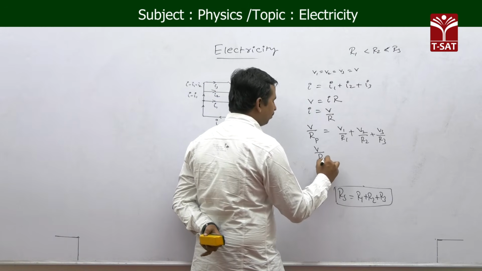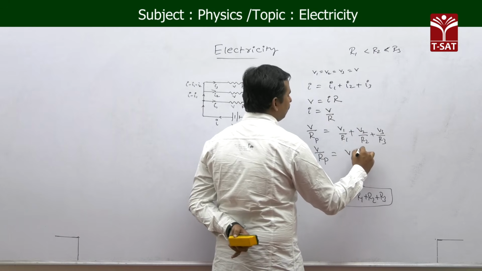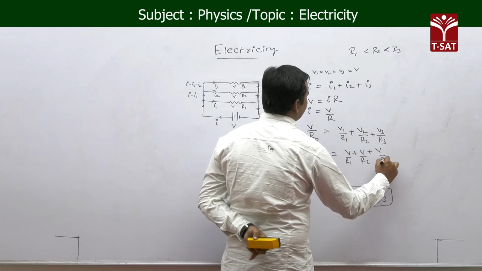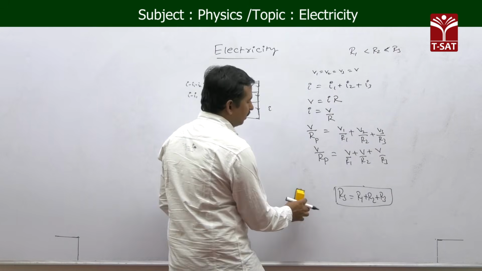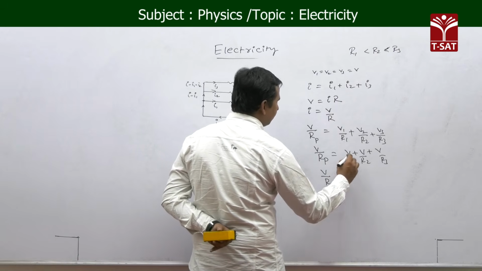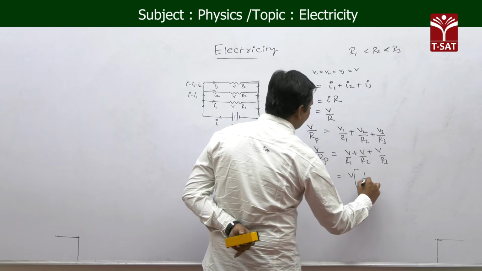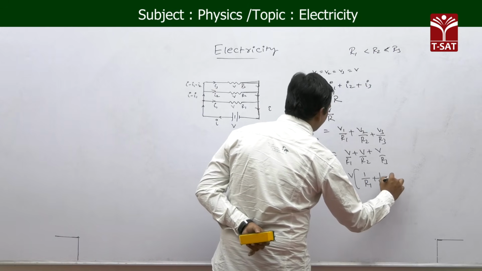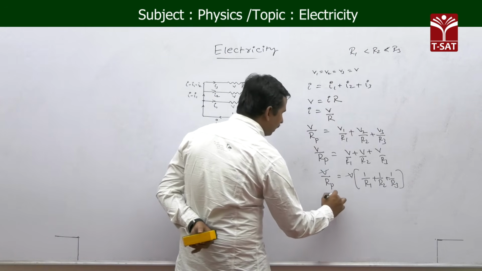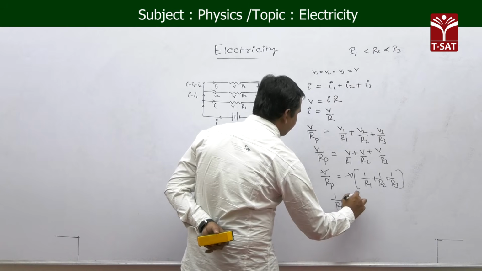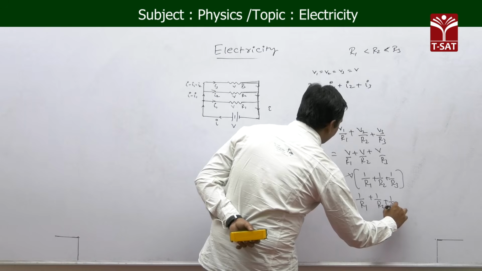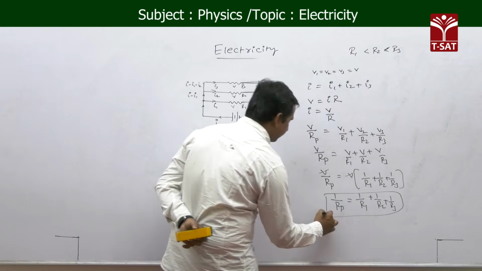Then V by Rp is equal to V by R1 plus V by R2 plus V by R3. If you take V common, then V by Rp is equal to V of 1 by R1 plus 1 by R2 plus 1 by R3. Then V cancels, and finally the resistance in the parallel circuit becomes 1 by Rp equal to 1 by R1 plus 1 by R2 plus 1 by R3.